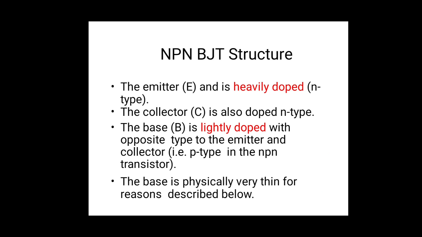The NPN BJT structure. The emitter E is heavily doped N type. The collector C is also doped N type. Doping means what? Doping is the process of adding impurities to the semiconductor.